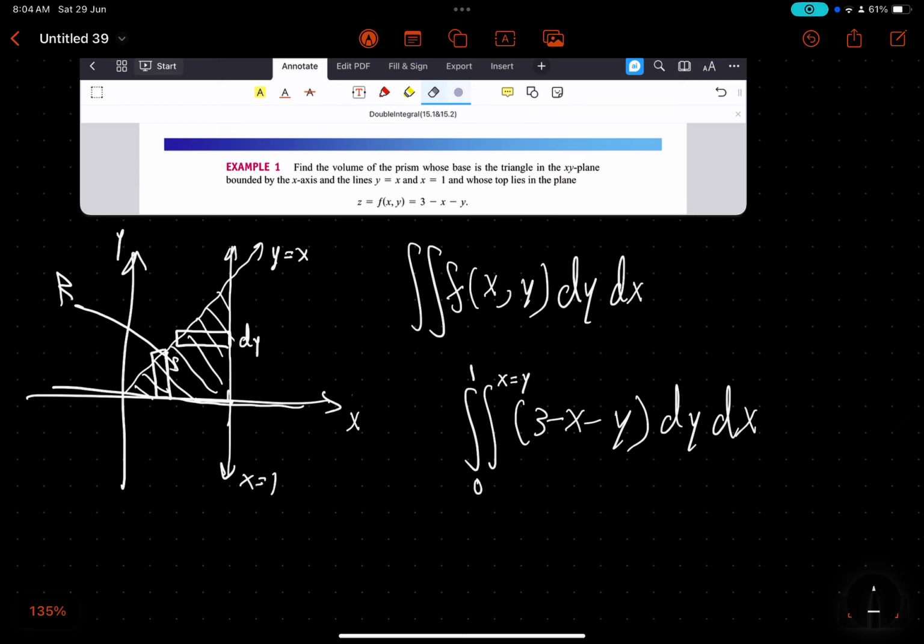I need to make sure, is this correct? Here we also have 1, so the intersection is 1 basically.